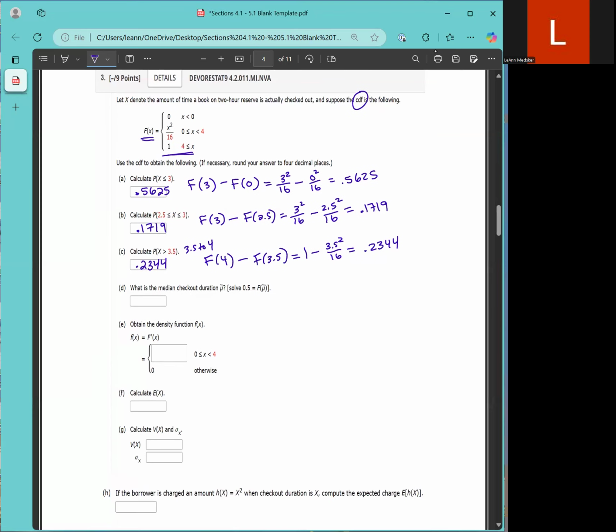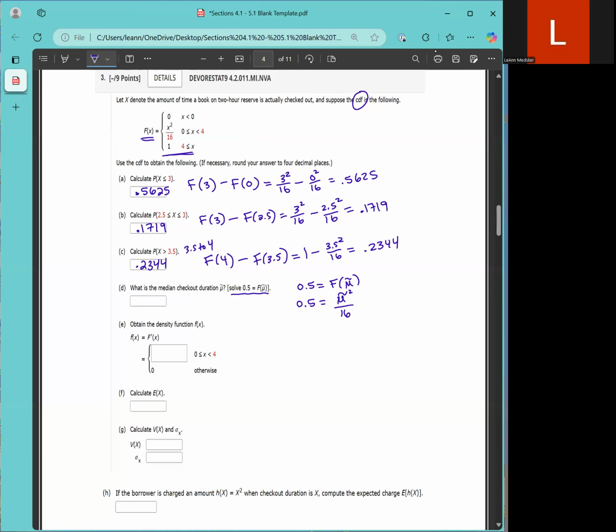Now, what is the median checkout duration? So this is the little mu symbol, but with the little tilde on top, that means median. So you're going to set your function big F of mu tilde, that's median, equal to 0.5, because the median is at the 50 percentile point. So 0.5 equals big F of mu tilde, where we're going to plug in mu tilde squared over 16.